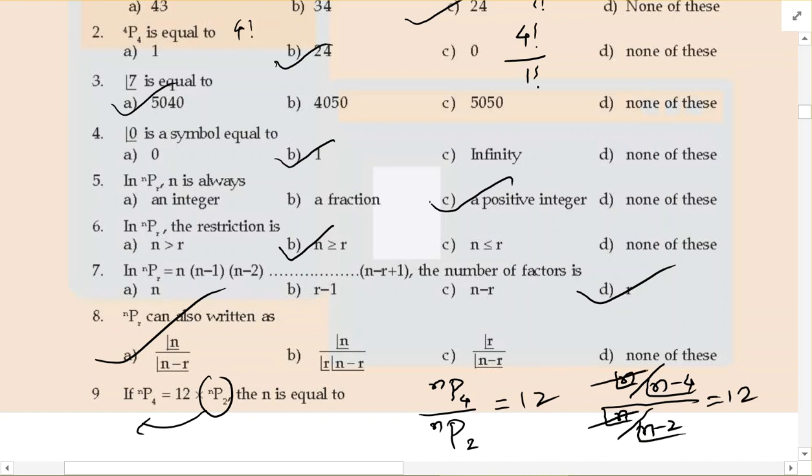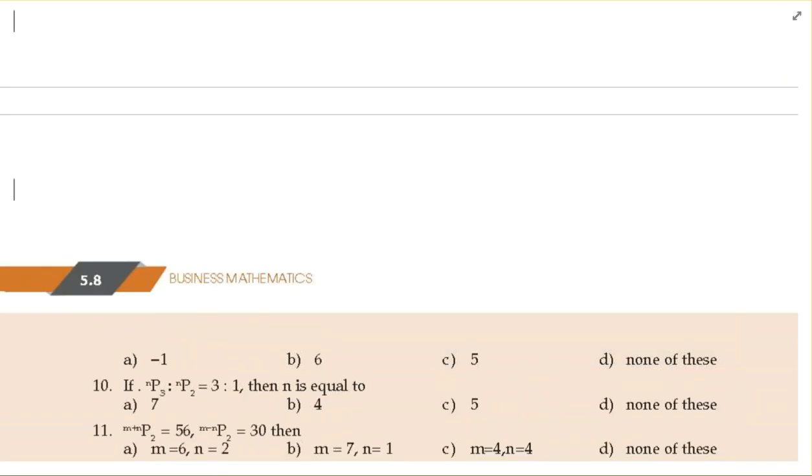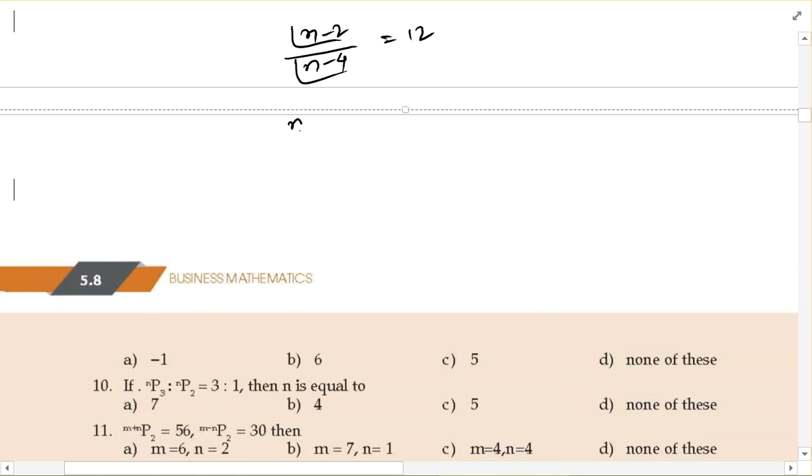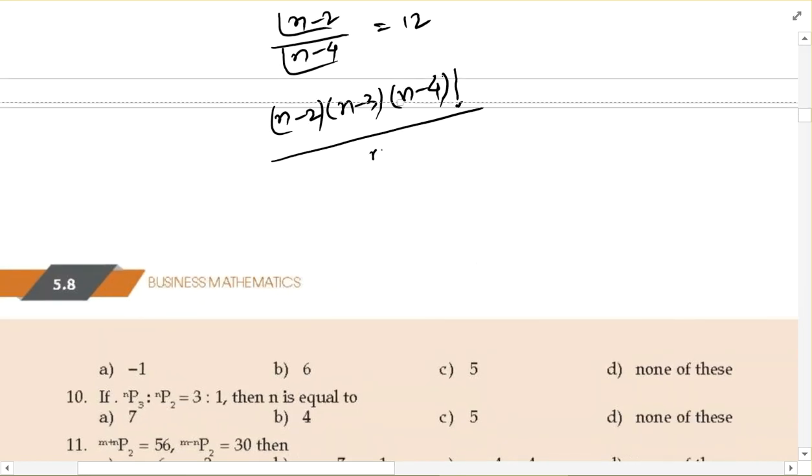These two are cancelled. Now what remains? (n minus 2) factorial by (n minus 4) factorial is equal to 12. n minus 2, then one less, n minus 3, then n minus 4, and so on up to 1. But from n minus 4 to 1, it will be (n minus 4) factorial, and the denominator is already (n minus 4) factorial waiting for it. So it will be cancelled.